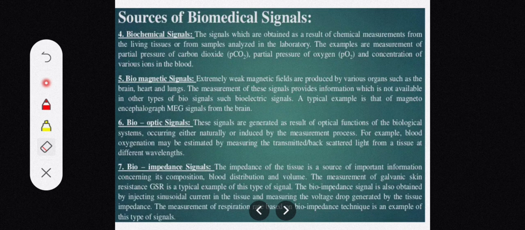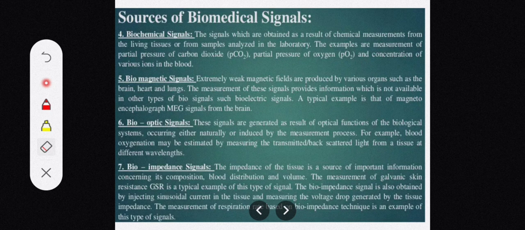And the last one is the bioimpedance signal. So what is a bioimpedance signal? Impedance, as you know, is related to resistance. The impedance of living tissue is a source of important information related to its composition, blood distribution, and blood volume.